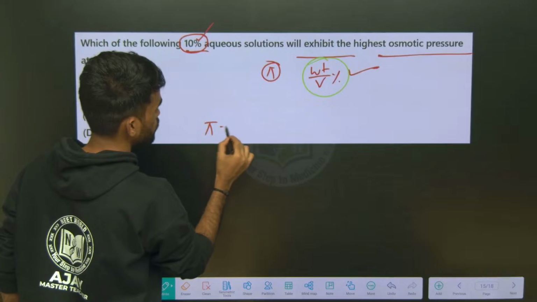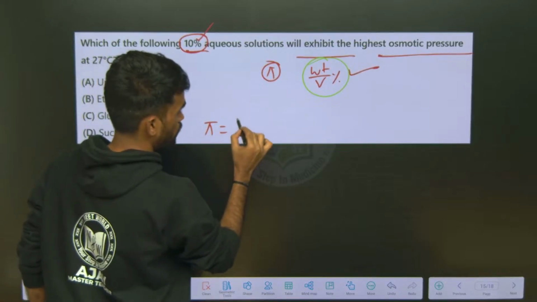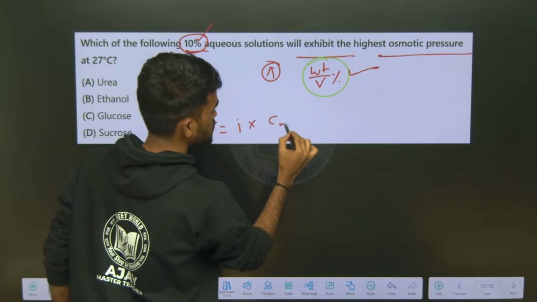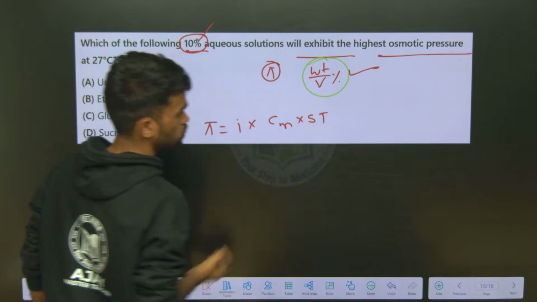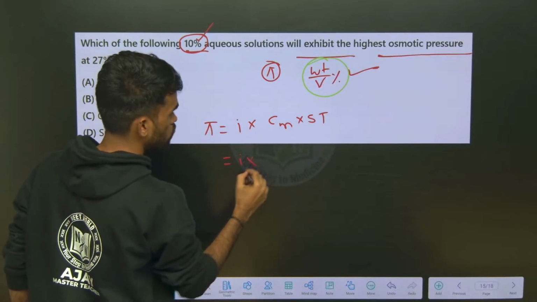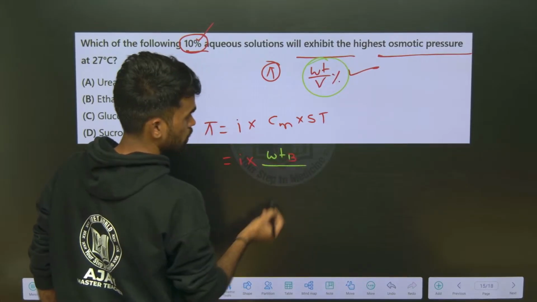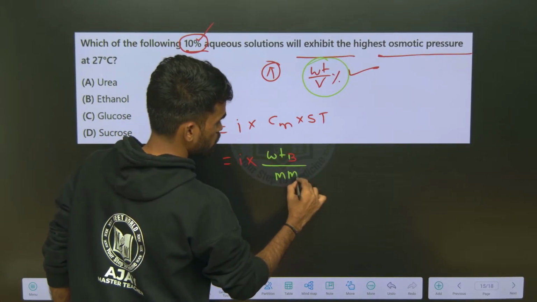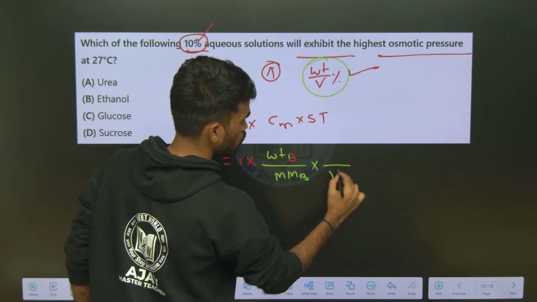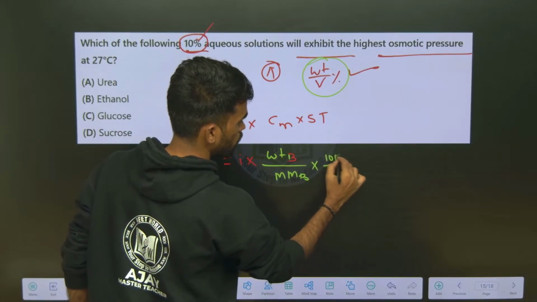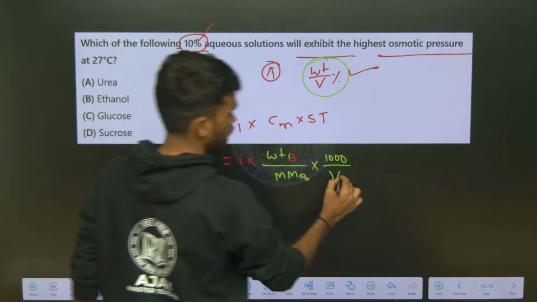Pi equals i into molar concentration into S into T. Here, i into molar concentration, I can write as weight of solute by molecular weight of solute into volume of solution, and here 1000 if it is in ml.